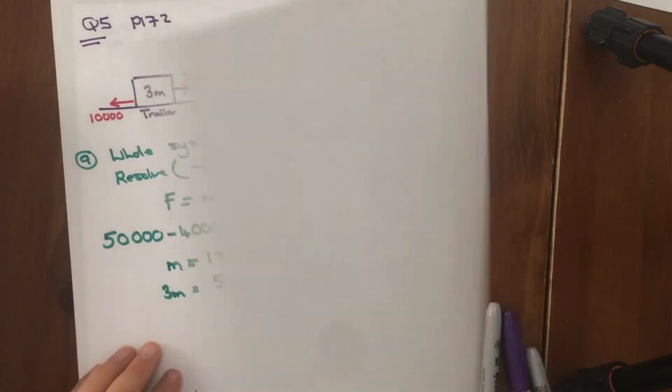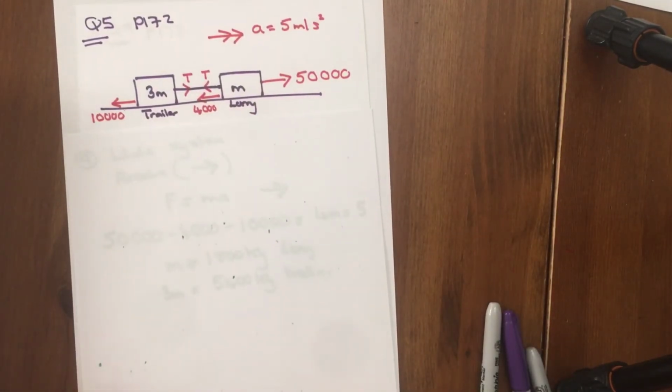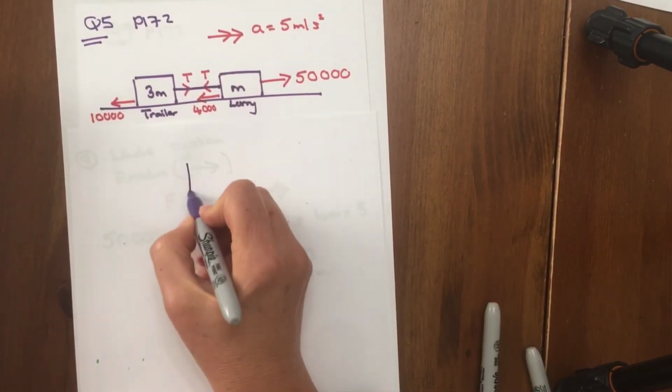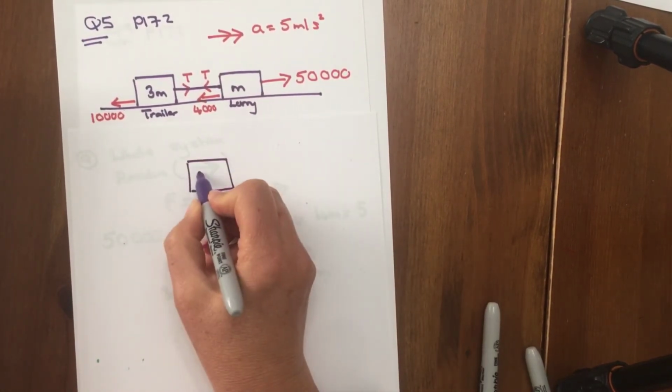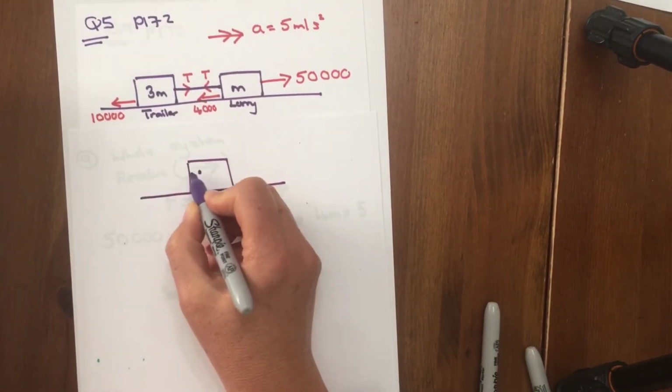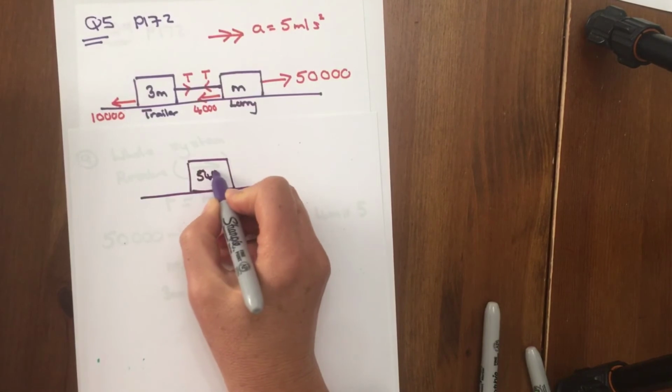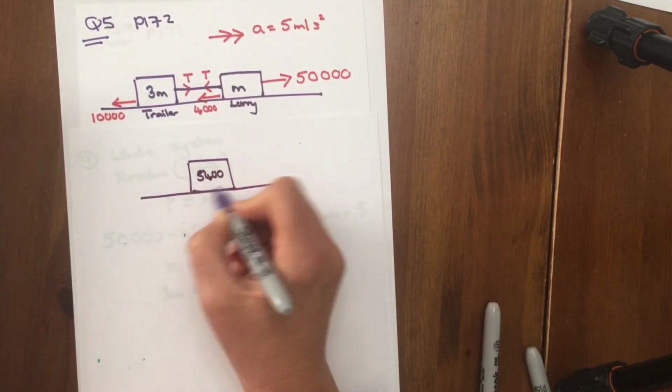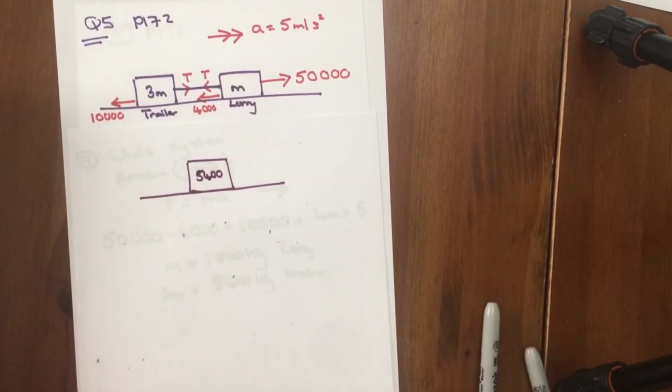So what I'm going to do, you don't have to draw the diagram out again, but in ease of my presentation, I think it will be easier for you if I do draw this out. Now I worked out the mass to be 5,400. This is the trailer I'm looking at now. I'm going to put my forces on.